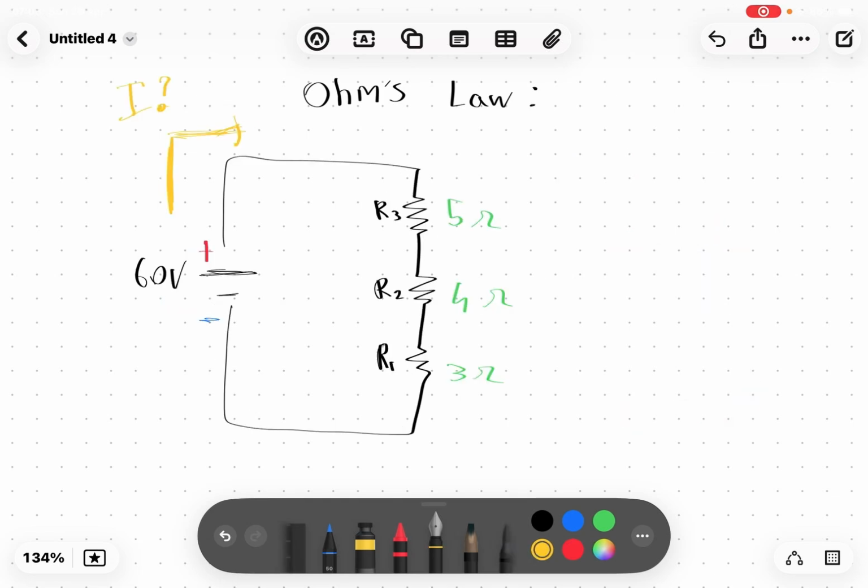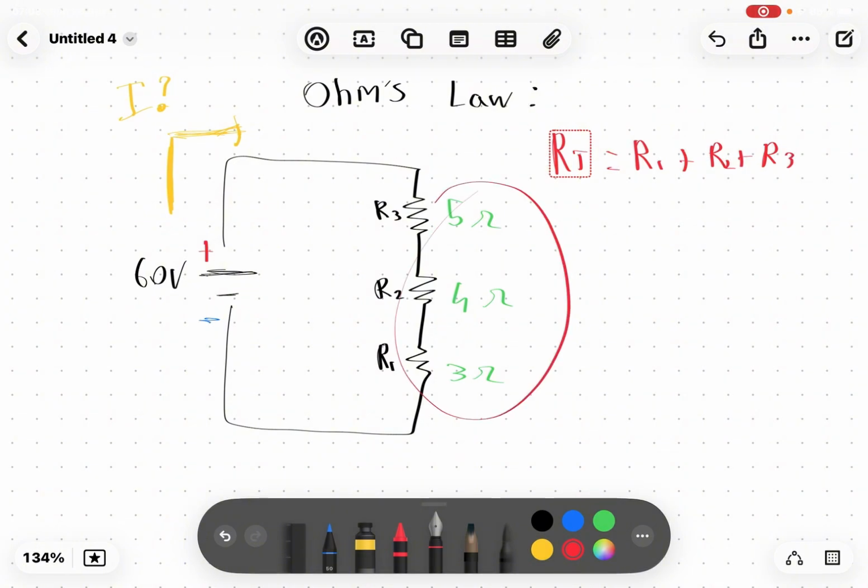Here's another example. This time we have 3 resistors in a series circuit. How we solve this is that the total resistance equals R1 plus R2 plus R3.